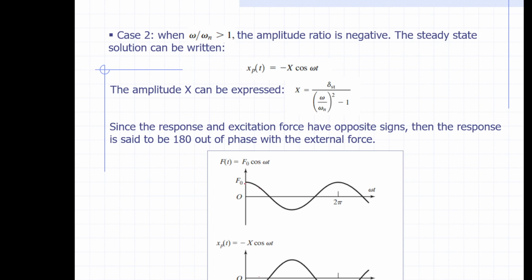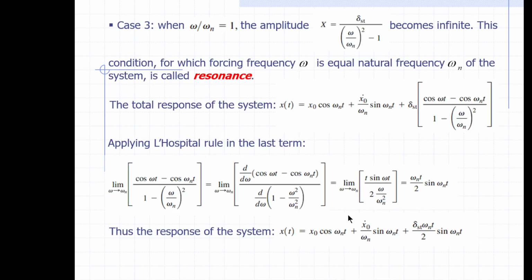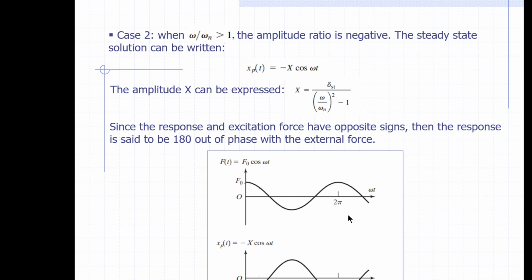So it means when the external force is maximum, then the amplitude h of the particular solution is minimum like this. Okay, 180 degrees out of phase looks like this. Any question up to this point?